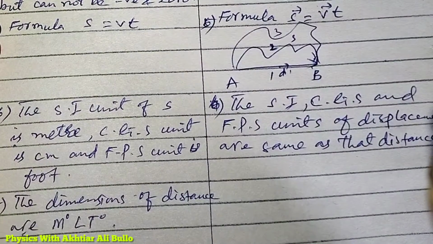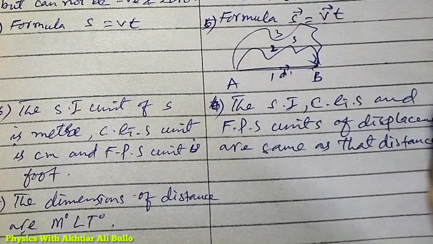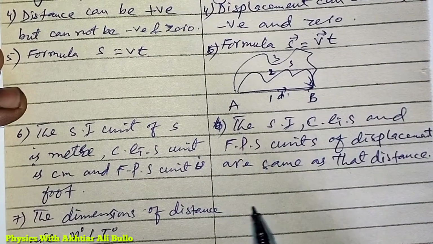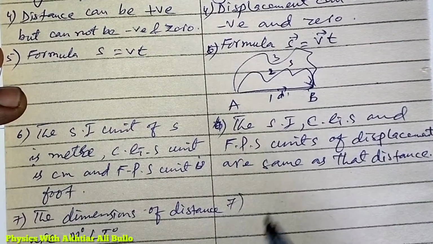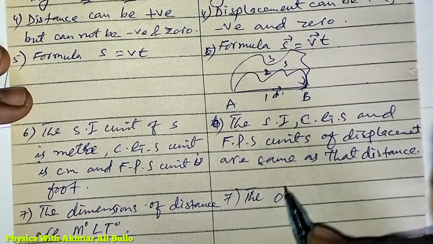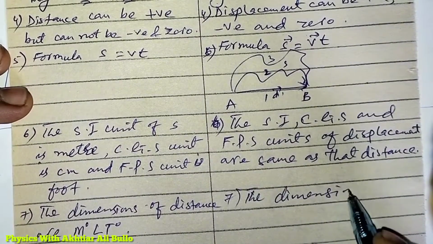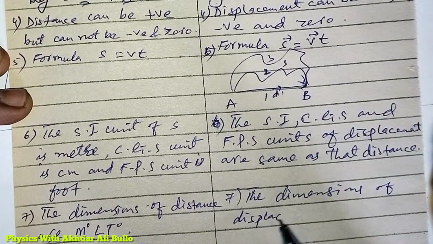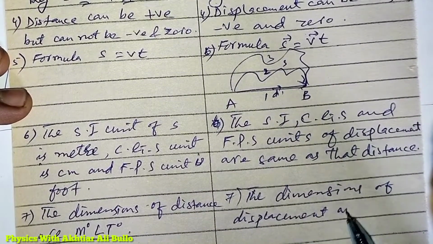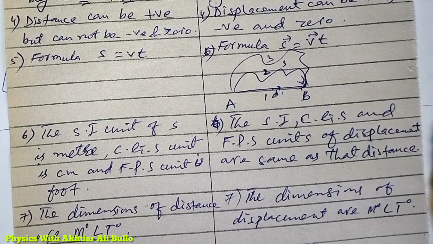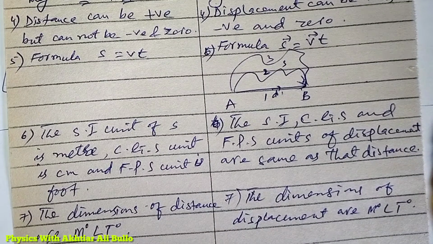Means the units of displacement are identical to the units of distance, and the dimensions of displacement are M naught L T naught. That is the difference between distance and displacement.